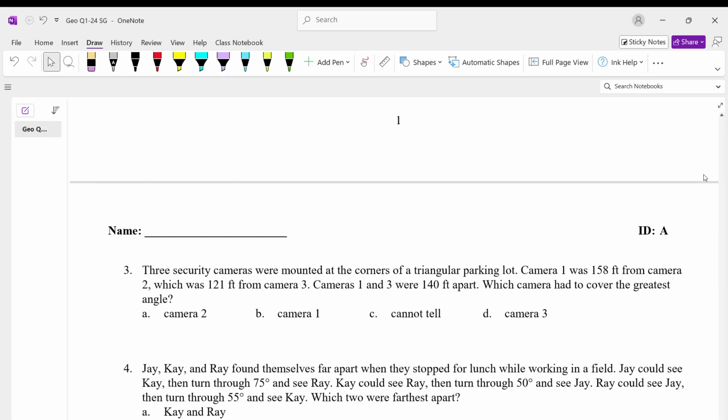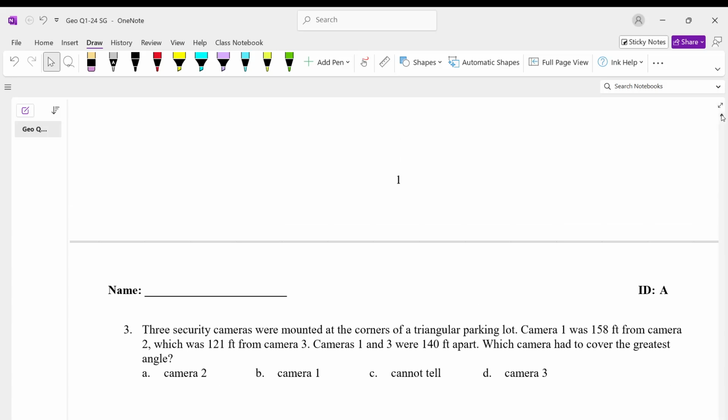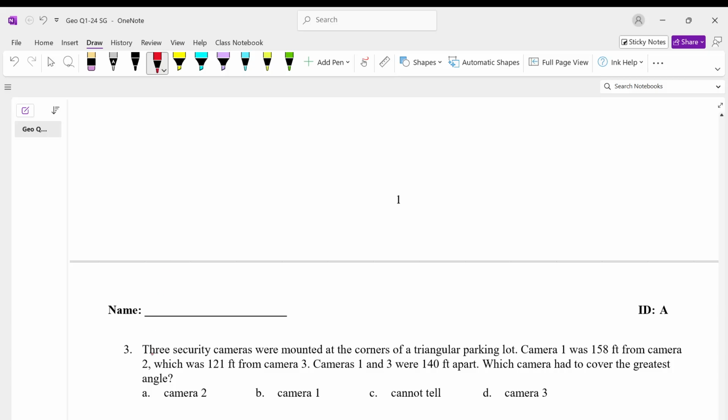All right, problem number 3. 3 security cameras were mounted in the corners of a triangular parking lot. So here's our triangular parking lot. We got camera 1, camera 2, and camera 3.